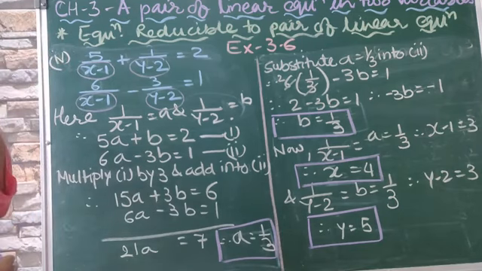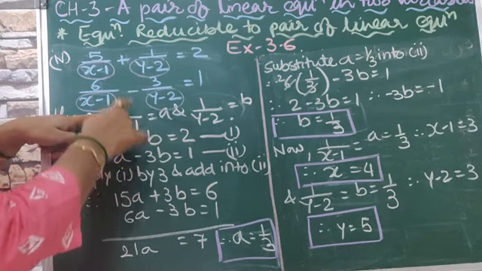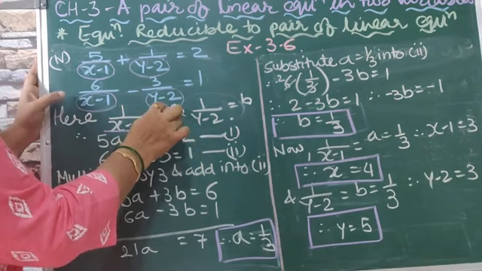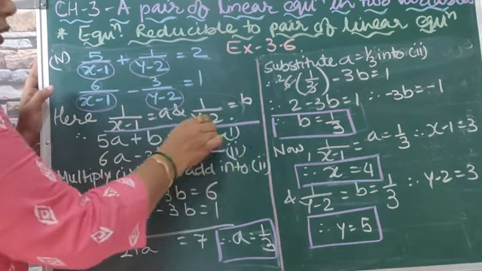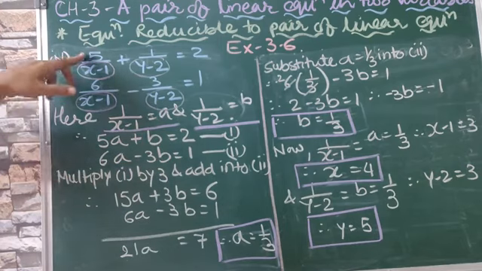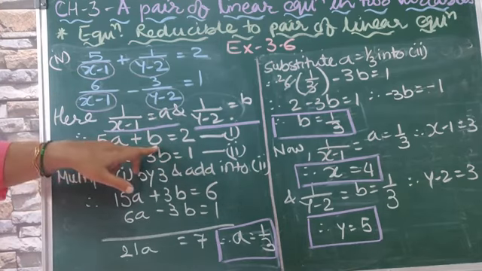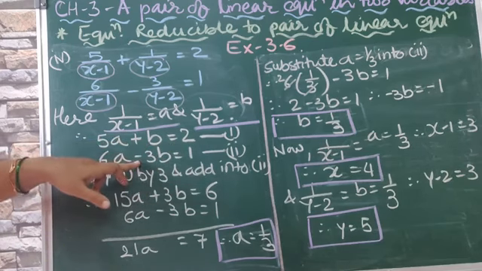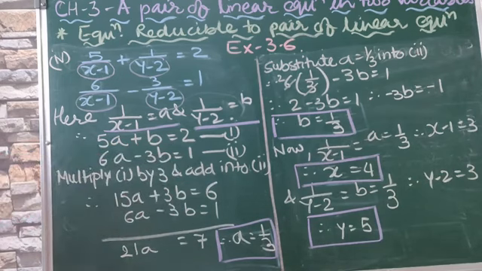we have to convert them into the standard form. Again we assume that 1 upon x minus 1 is equal to a and 1 upon y minus 2 is equal to b, and therefore our equations in standard form are 5a plus b is equal to 2 and 6a minus 3b is equal to 1.